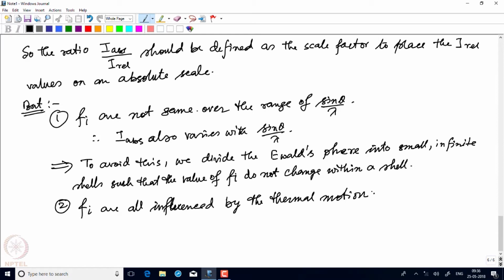So actually what we should write for I ABS average is the sum over i equal to 1 to n of FOi square e to the power minus 2B sin square theta by lambda square.